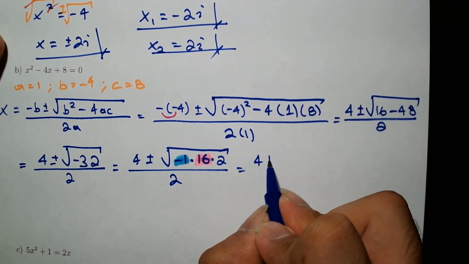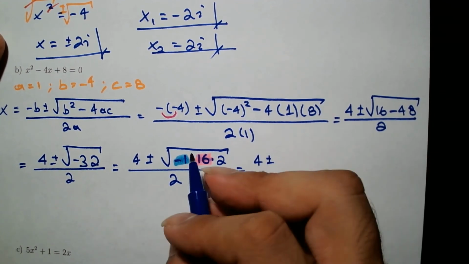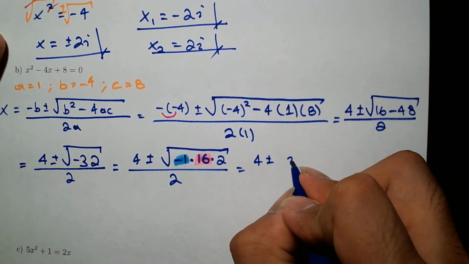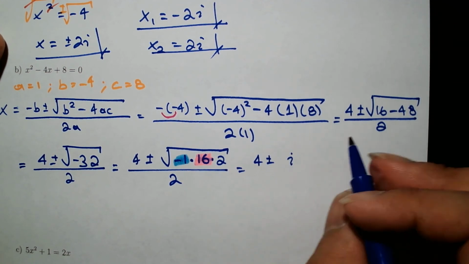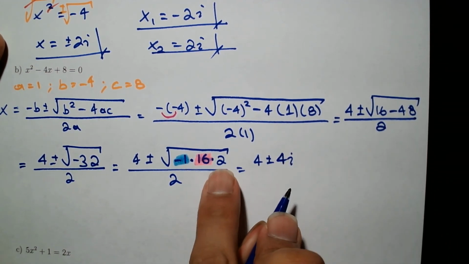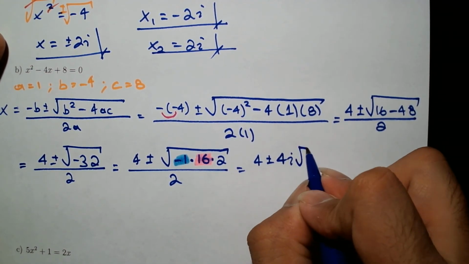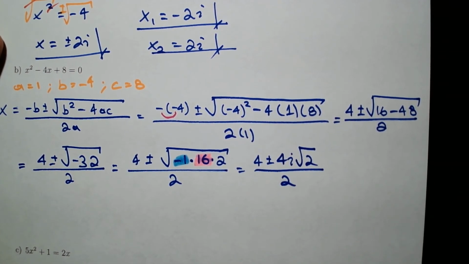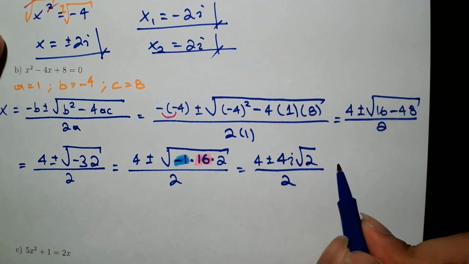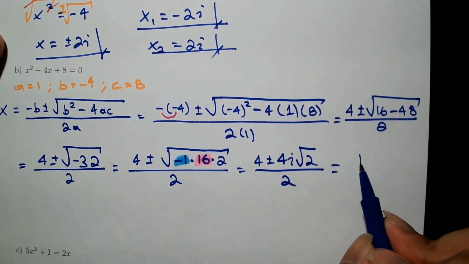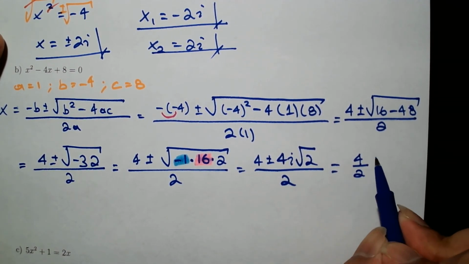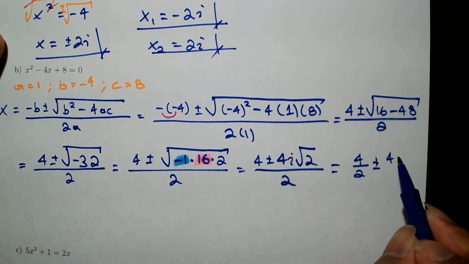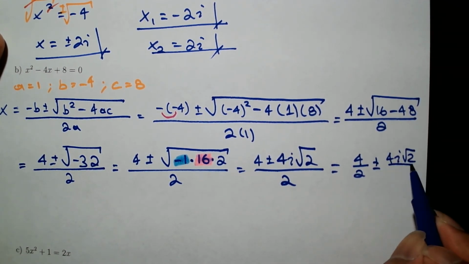This is going to be 4 plus or minus the square root of negative 1. Well, there will be an i involved. The square root of 16 will be 4. And this number just remains inside of the radical. So I'm going to split into 2. 4 over 2 plus or minus 4i square root of 2 over 2.